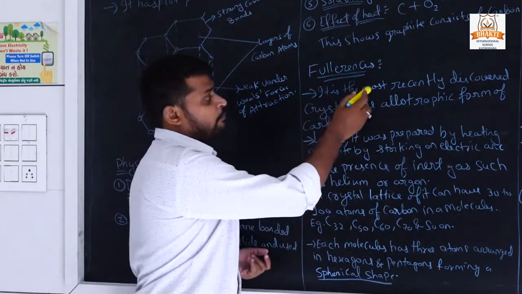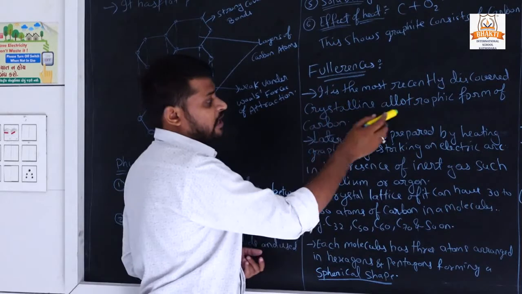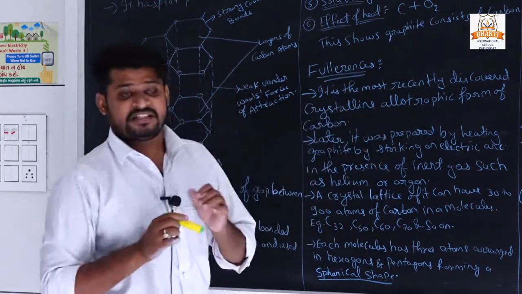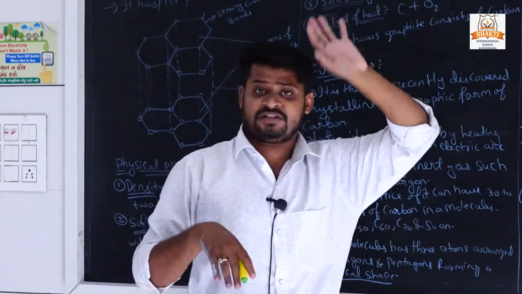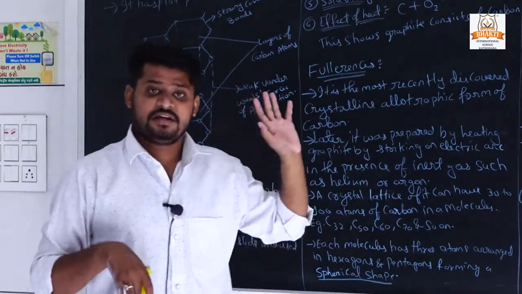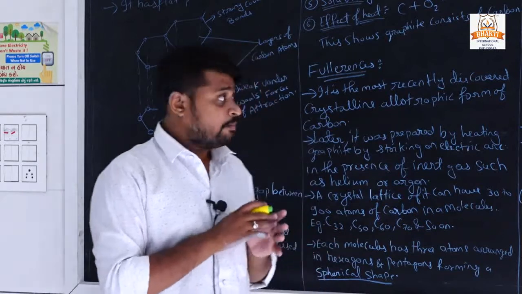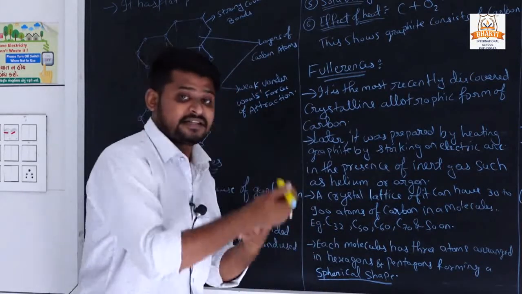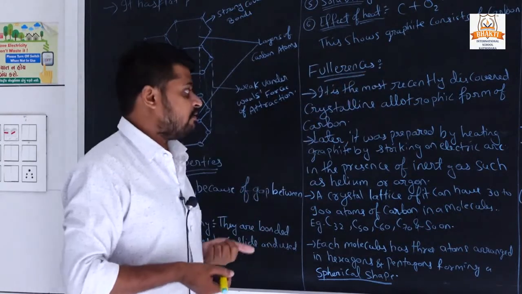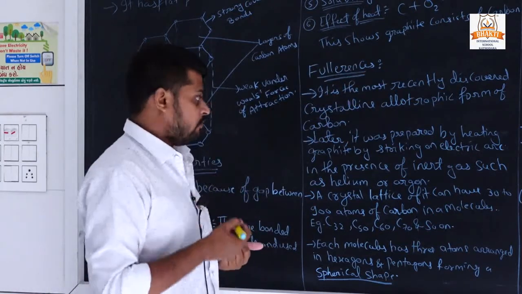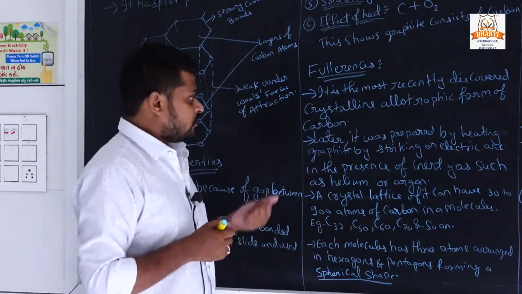So it is the most recently discovered crystalline allotropic form of carbon. Graphite and diamond were discovered so many years ago, but fullerene is our recently discovered crystalline allotropic form of carbon.